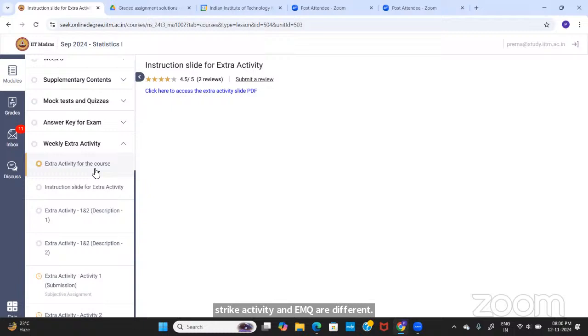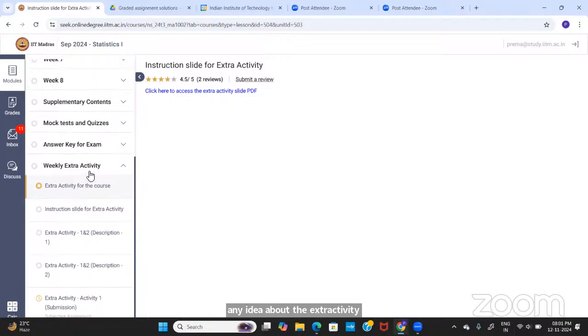Ma'am, do we have to do all the practice EMQs to get the bonus marks? Does anyone have any idea about that? For the extra activity EMQ bonus marks, or is it just the graded EMQ that is considered?